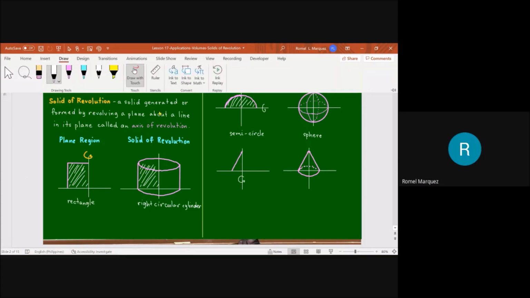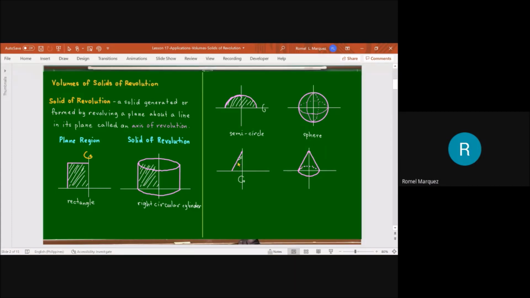Okay, so that's what we mean by solids of revolution. But these solids of revolution that we formed out of these regular shapes are regular solids, no? Their volumes can be determined by our formulas in geometry. So we have regular formulas for the following solids.